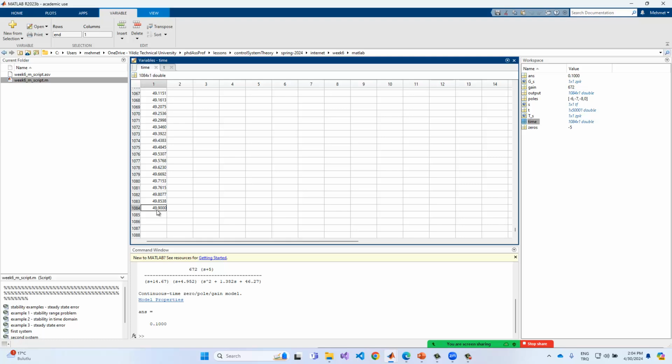Any question? This equals to 0.1. Do you understand what I'm trying to do in here, guys? Everything is okay? Any question?